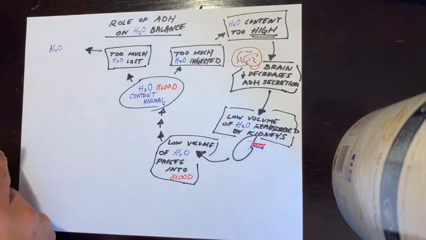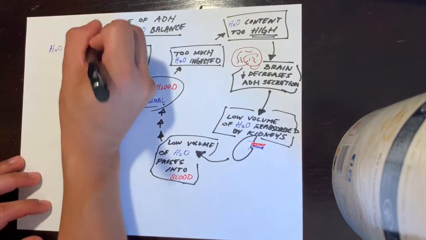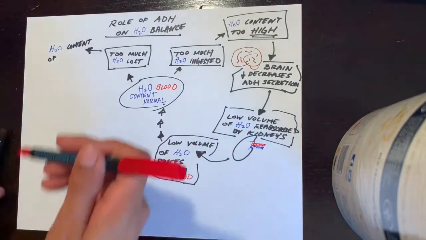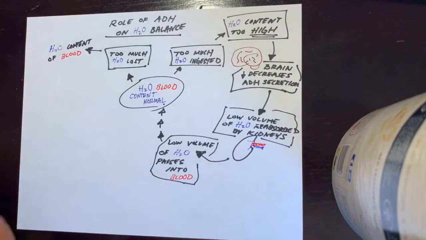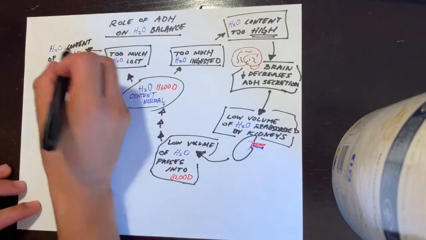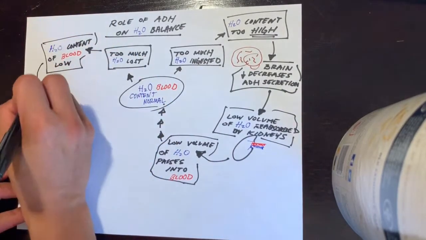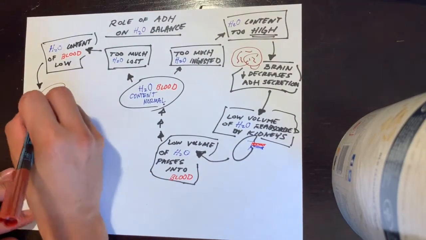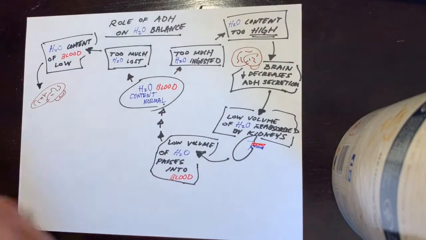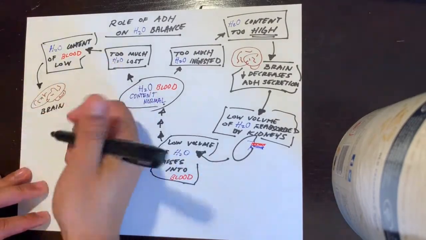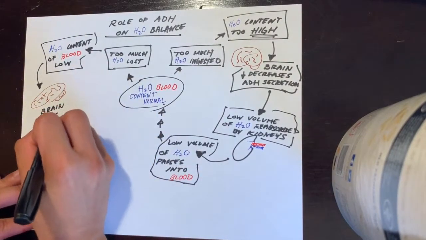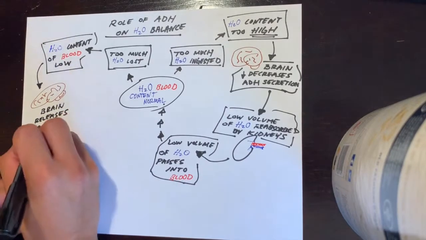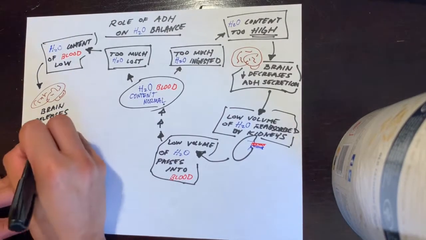Too little water in the blood is then detected by the brain, specifically by osmoreceptors in the hypothalamus, which has the pituitary gland release a higher amount of ADH.